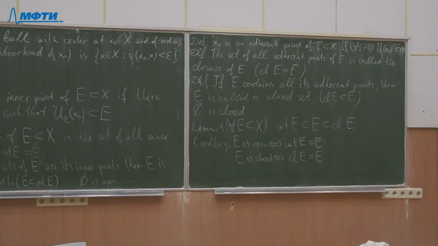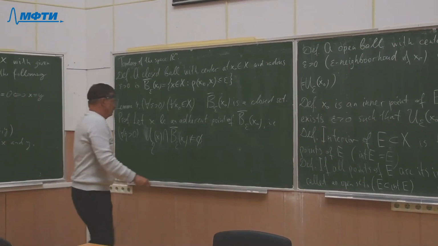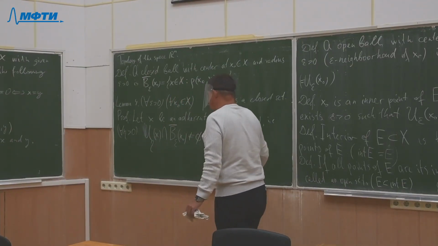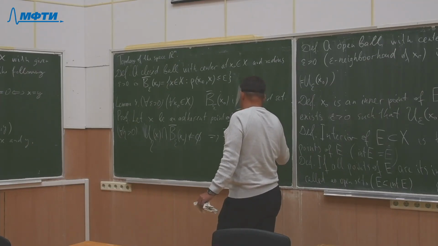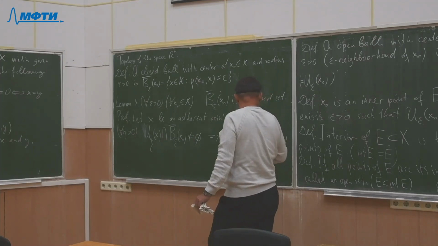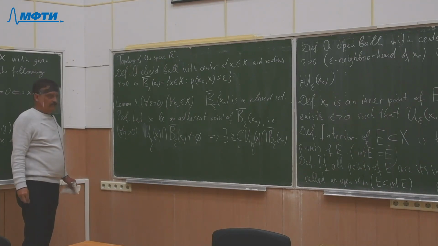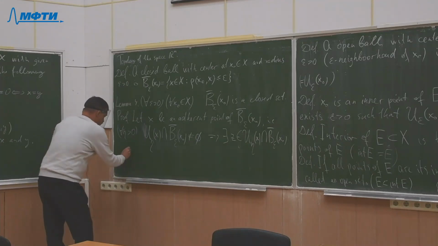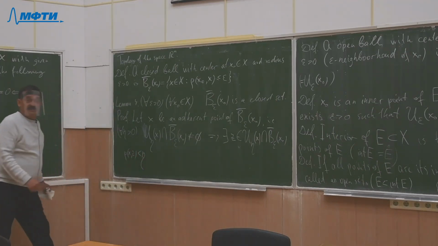Okay, what does it mean? What is this intersection? So, there exists z which belongs to this intersection. And what does it mean? It means that we have two inequalities. Rho of x to z is less than eta, strictly less, right?